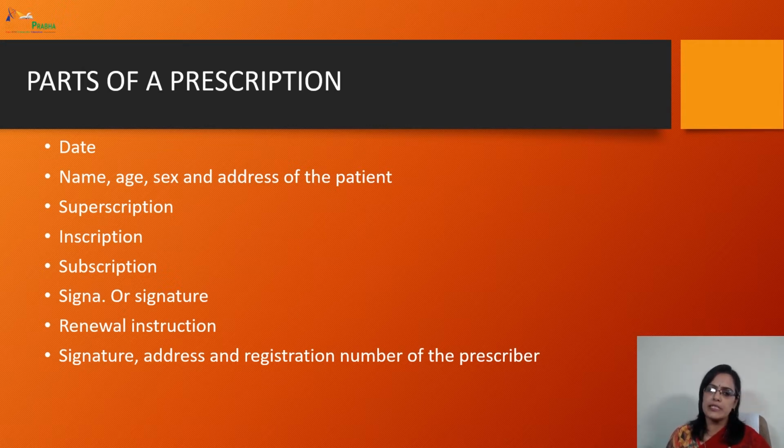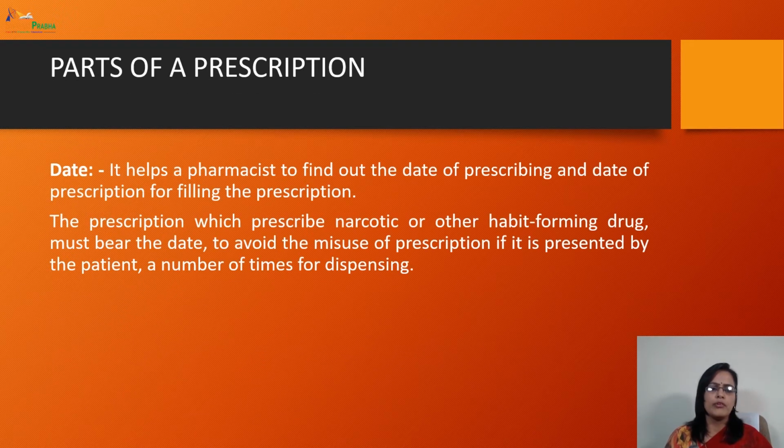Then superscription, inscription, subscription, signa or signature, and renewal instruction, that is, when your prescription is going to be renewed. Then signature, address and registration number of the prescriber. So these are the parts of prescription. Let us discuss these parts one by one.